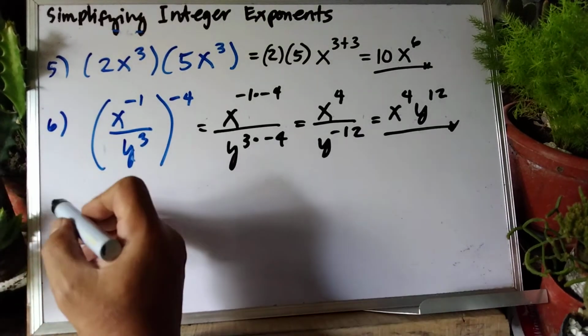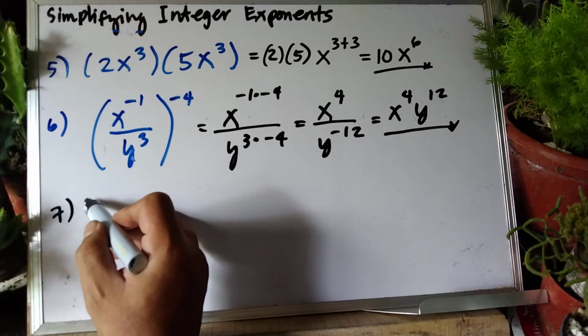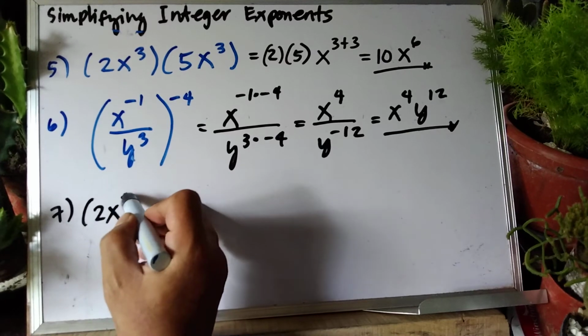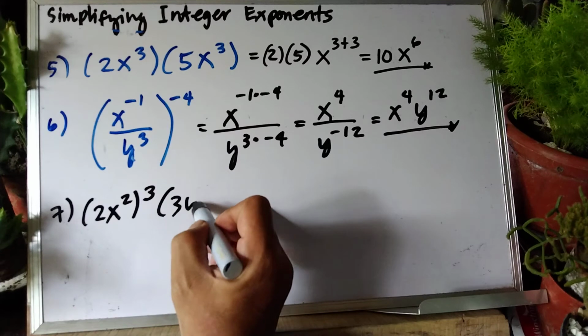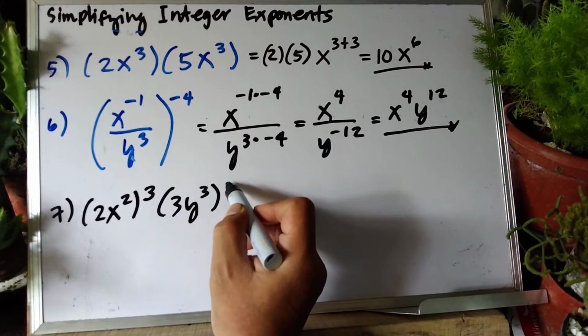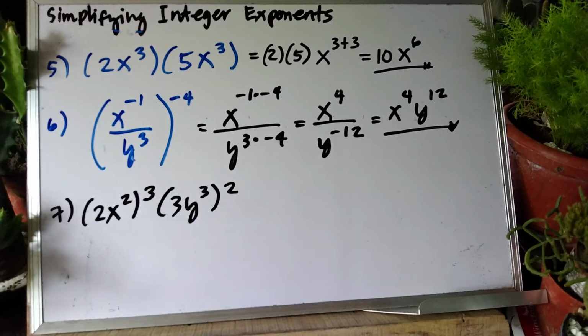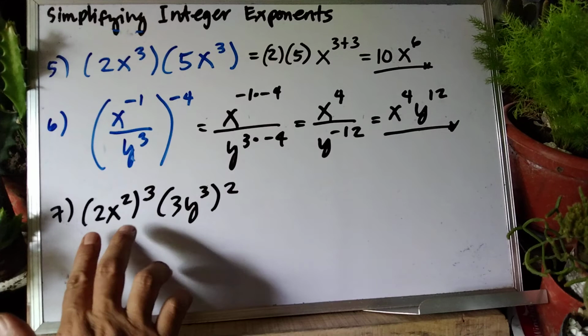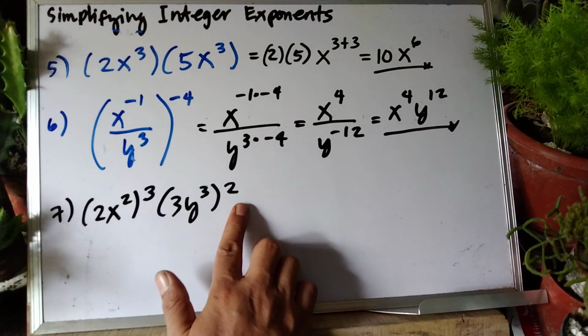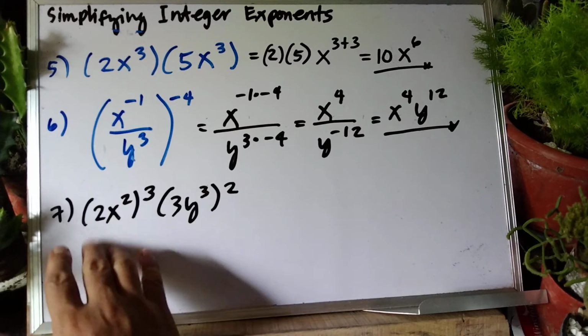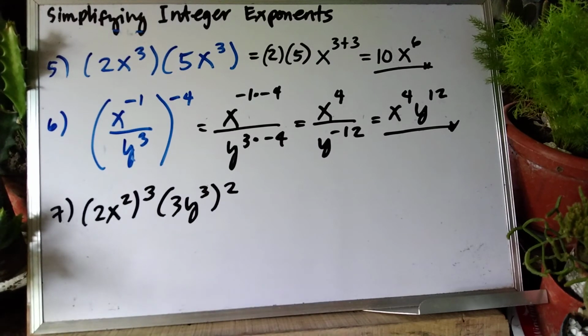Okay. Now, example number 7, you have 2x squared to the power of 3 times 3y cubed to the power of 2. So, how do we simplify that one? Okay. Take note, this is raised to the power of 3 and this is raised to the power of 2. Okay, so what are we going to do here?